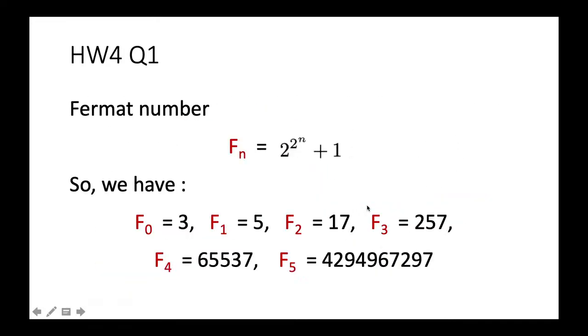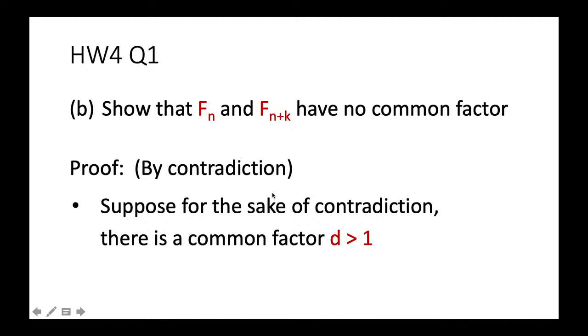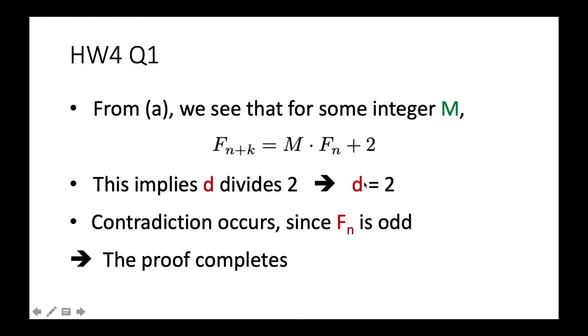If we look at the definition again, f of n must be some even number plus 1. So f of n is an odd number. So we say that d divides f of n, but d is equal to 2, so it is impossible. At this point, we have a contradiction, and so this finishes the proof by contradiction, and we are done.